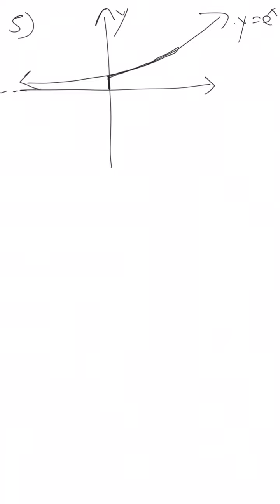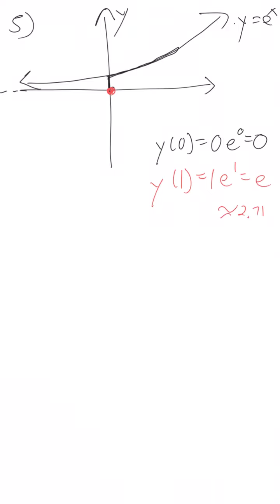So x e to the x, what does that look like? I don't even know where to start. Let's chart some points. Y of 0 is equal to 0 times e to the 0, which is 0 times 1, or 0. So I know, here I'll use a different color, that that's one of my ordered pairs. How about y of 1? Well, this would be 1 times e to the 1, which equals e, and e is approximately 2.718.